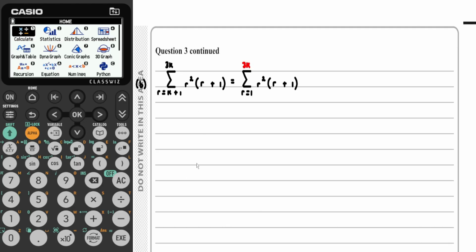So we can rewrite this as the sum of r squared times r plus 1 from r equals 1 to 3k, and then we subtract from this the first k terms. In other words, we subtract from this the sum of r squared times r plus 1 from r equals 1 to r equals k. What we can now do is recognize we've already worked what this is. Instead of us having an n, we've got a 3k and a k.